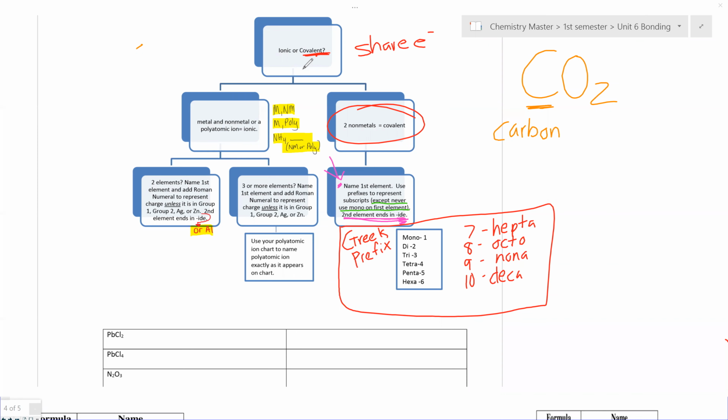And notice we knew this was oxide, but we said how many there were. There's two, and two is di. So this is dioxide. The di tells me that there's two oxygens. Easy peasy.